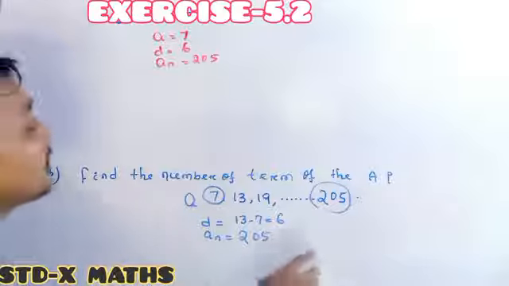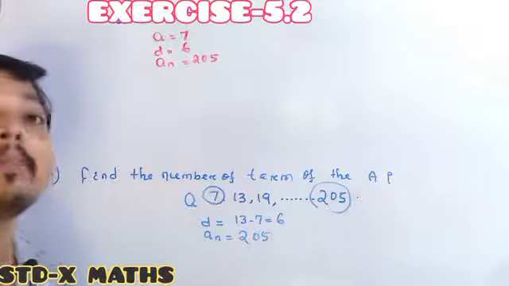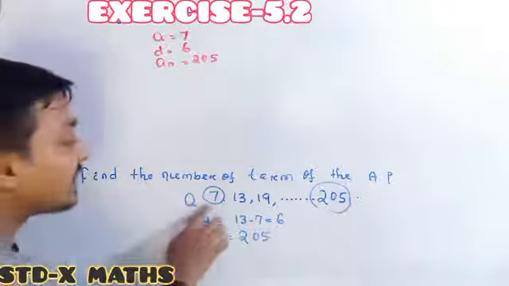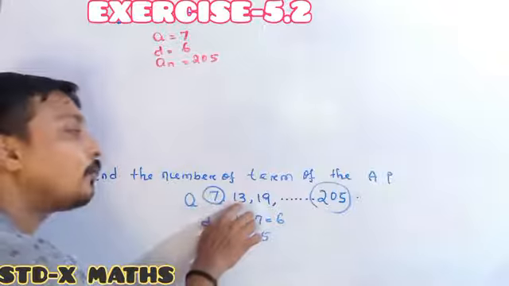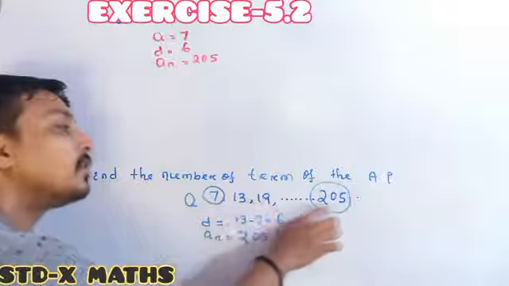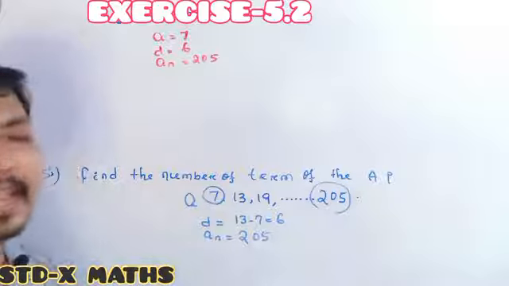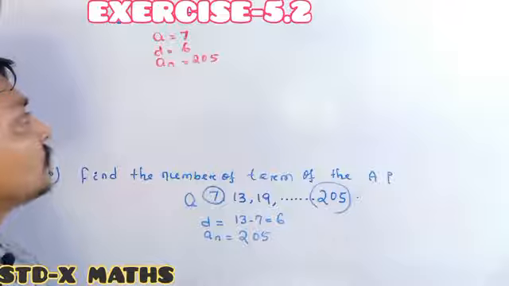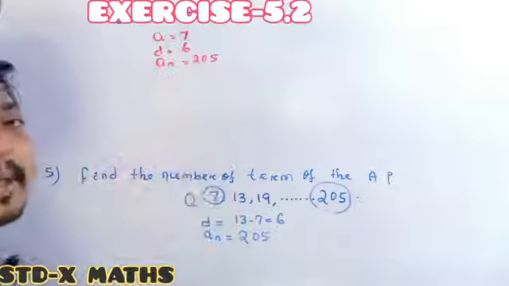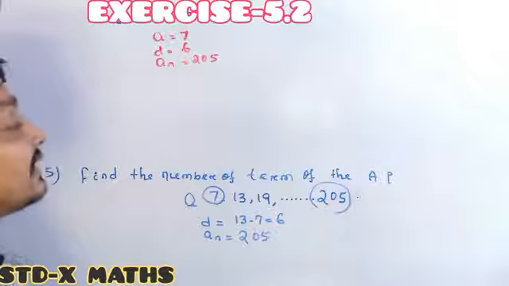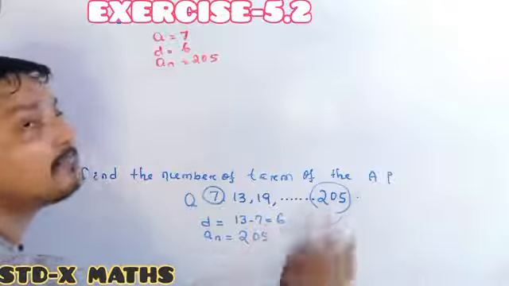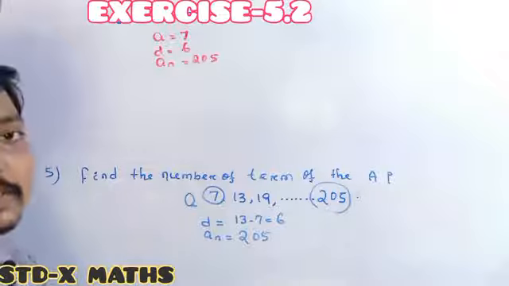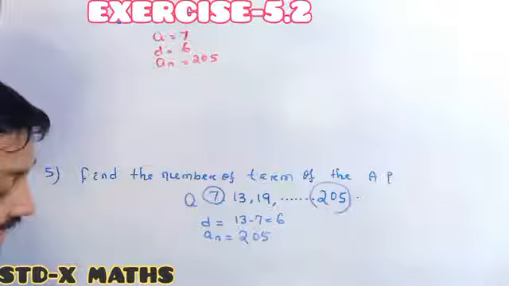It means the last one is suppose the nth term, but that n is how much? Just like A1 means first term, A2 means second term, A3 means third term. So we are taking this as the nth term. So AN is 205. So you have to say which number this one is. It means n is how much? Whether it is 20, or 30 or 40.